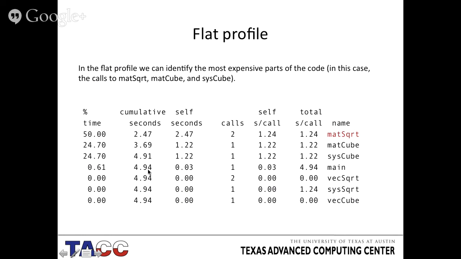That means that your main method ran in 4.94 seconds. It doesn't mean that it spent almost 5 seconds in that function, because it actually only took 0.03 seconds in that particular function.